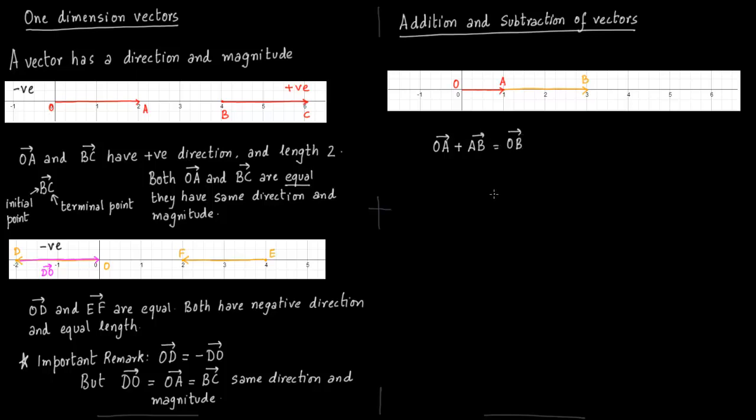So you first go from O to A, then you go from A to B. So very easy, very simple and easier to remember.